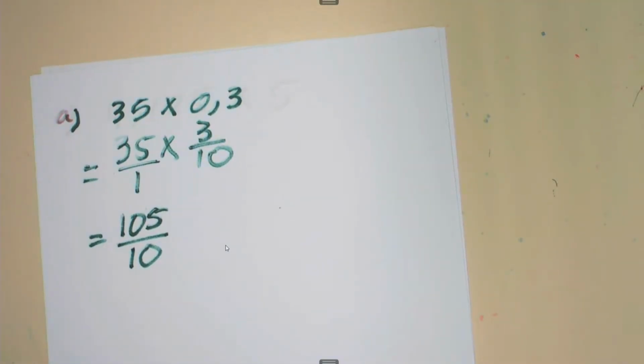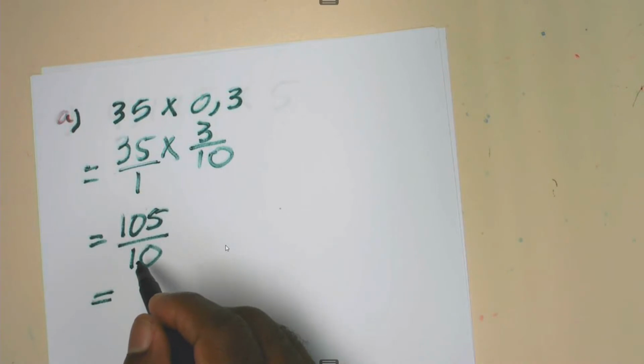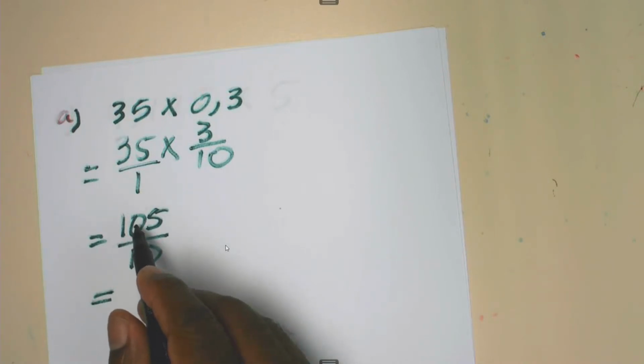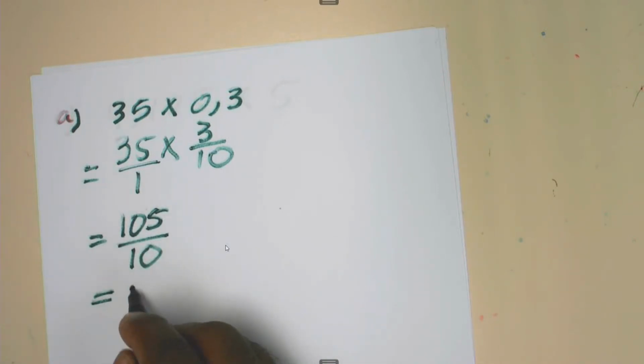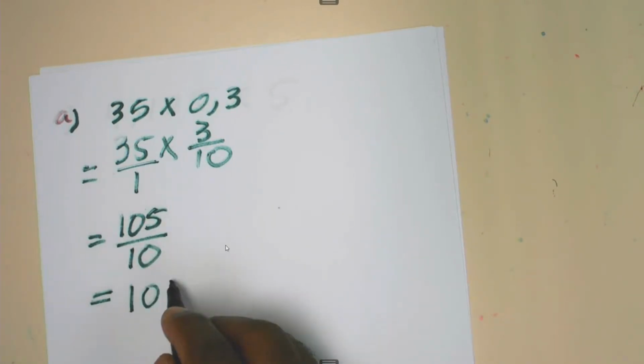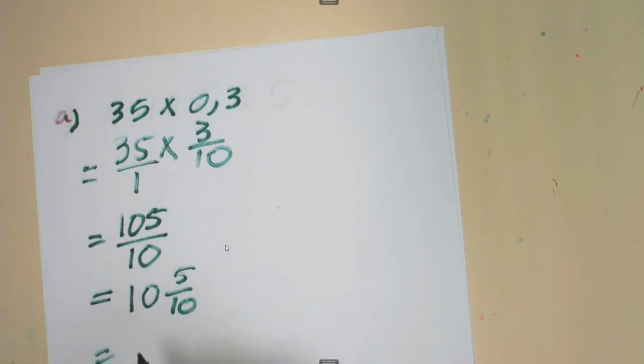Mr. Ratsiwa showed you, I think 2 weeks back, that 105 tenths is the same as saying how many tenths in this 10 will be 1, and how many in this 5 is 0, and then we are left with 5 tenths, which will give us what? 10,5. Why?